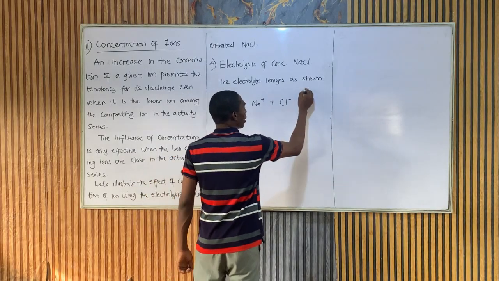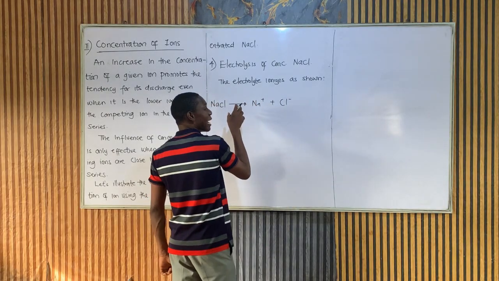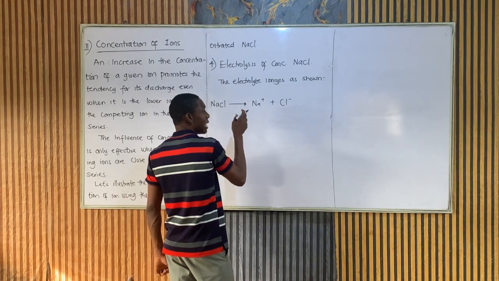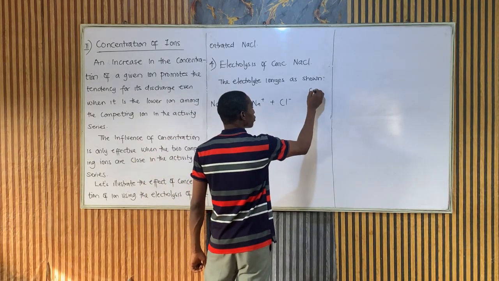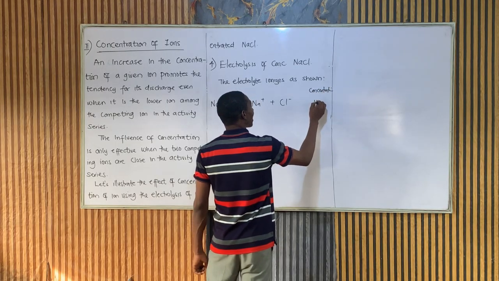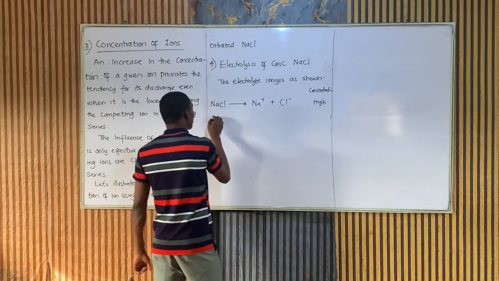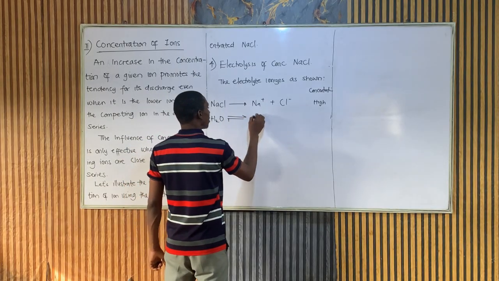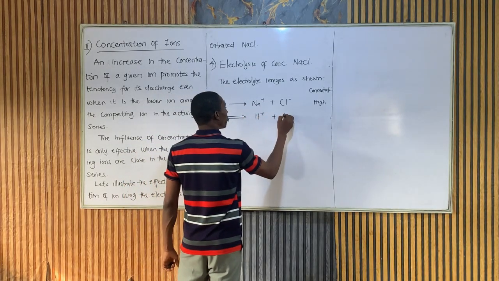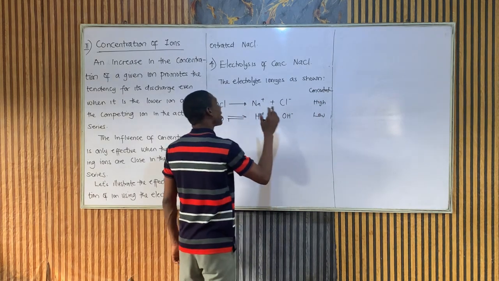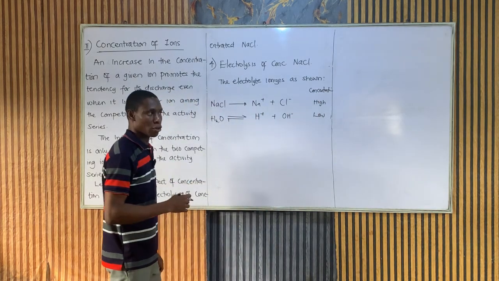Please, during electrolysis of any concentrated electrolyte, you must note concentration. You must add this to it: concentration high. And for water that ionizes reversibly, H plus and OH minus, you put low. I add this only when I'm doing a concentrated electrolyte.